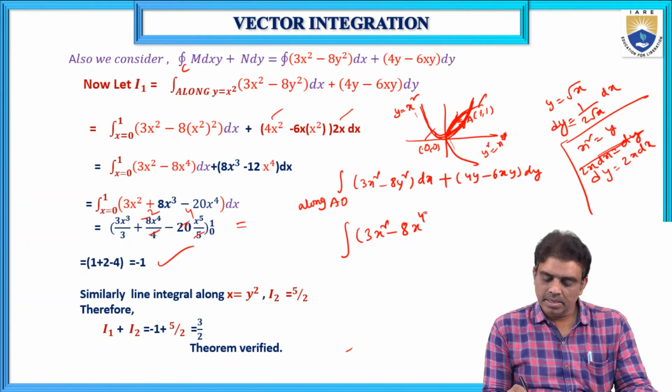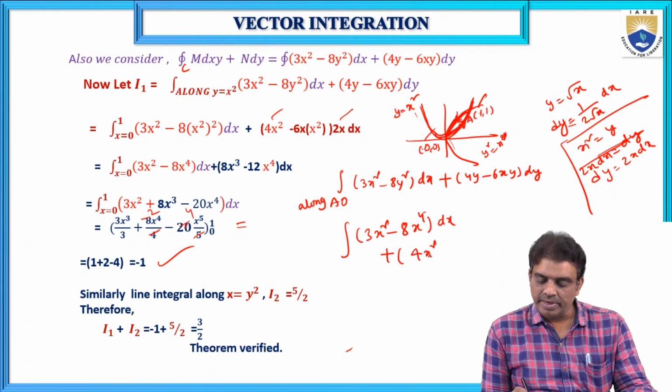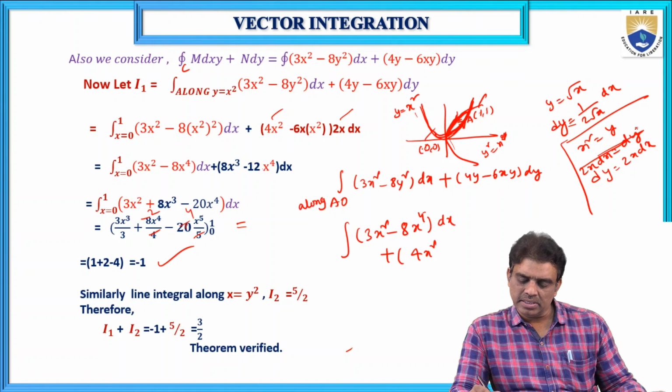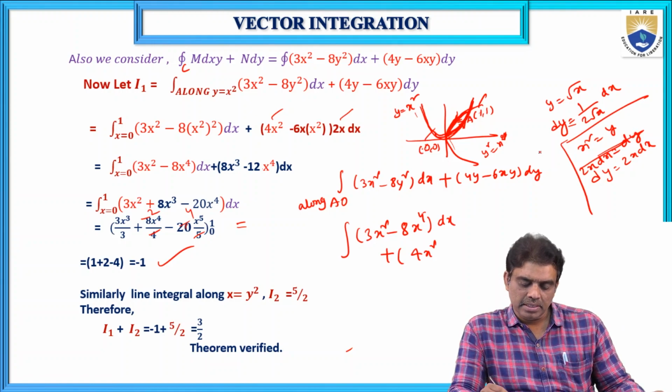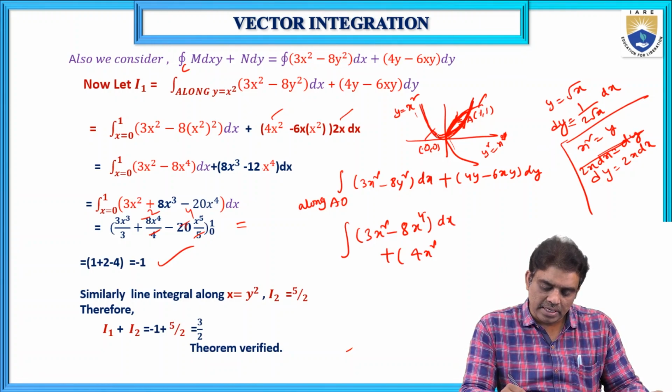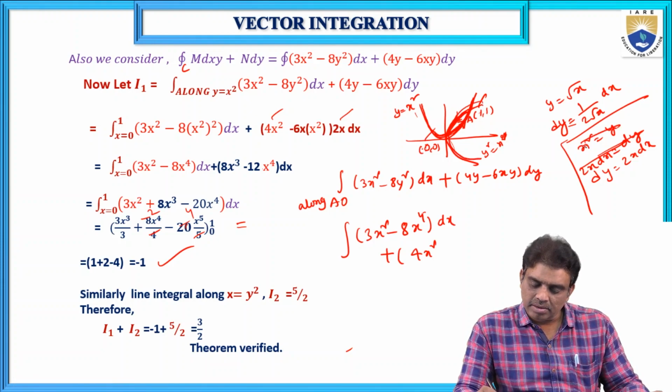Am I right? y square, x power 4 dx, first term, plus 4 into y means x square. Y is equal to x square or y square is equal to x? There is a little bit of confusion here. This is y is equal to x square. This is y square is equal to x.